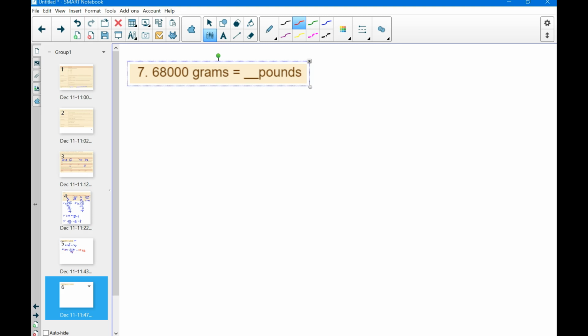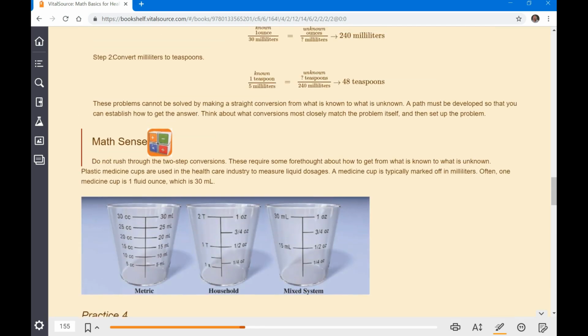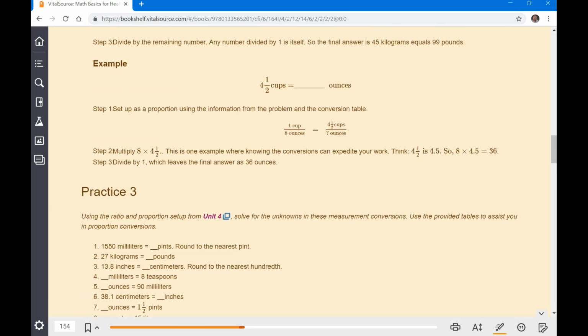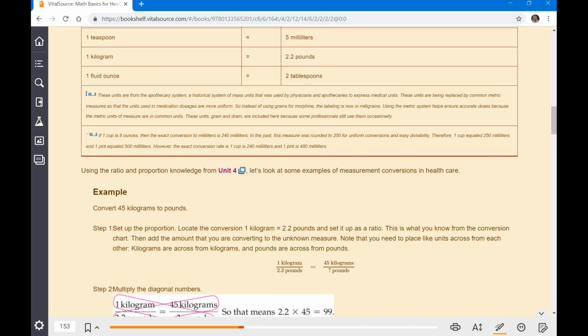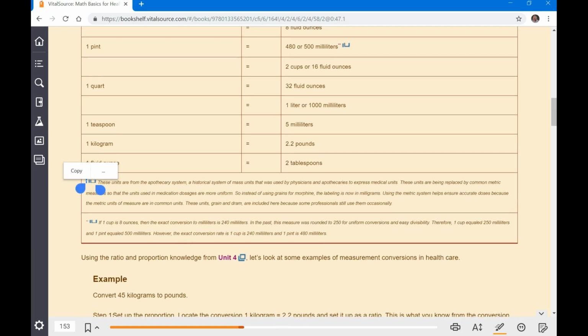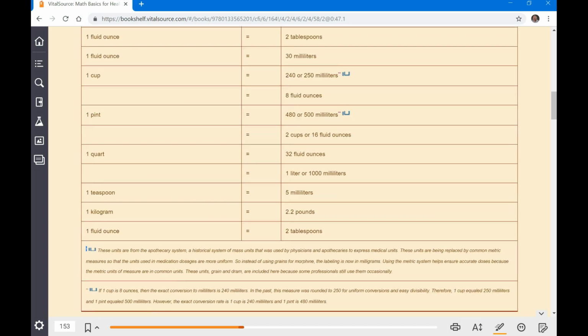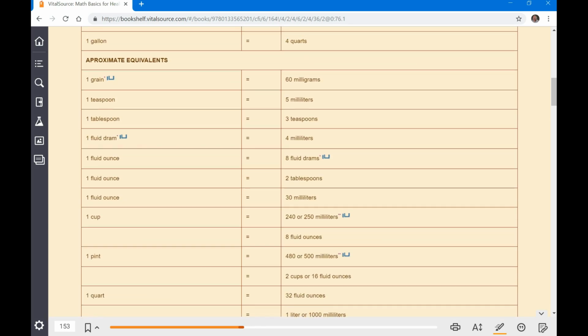Oh, no, let's have a look. So let's look back at our chart here. Looking at our chart, we have 1 kilogram is 2.2 pounds. Okay, so let's go back further and see what happens.